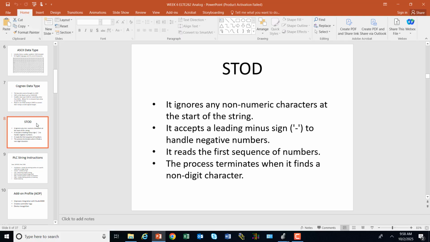But backing up to the STOD, when it was coming in, it was ignoring any non-numerical characters. It starts the string, it sets leading minus to handle negatives, it reads the first sequence of numbers, and the process terminates when it finds a non-digit character.